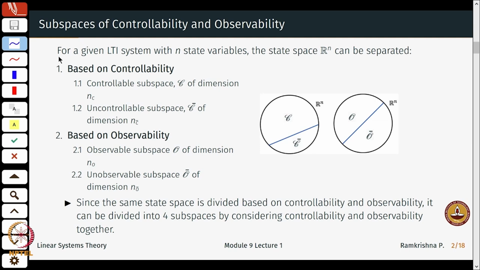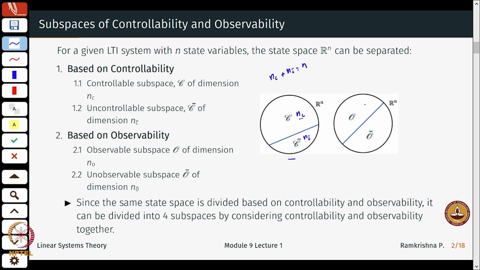If I just look at the standard controllability notion, I could decompose my system into the controllable part and the uncontrollable part. I'll call these nc and nc bar in such a way that nc plus nc bar is equal to n. So I am just looking at the dimension of the controllable and the uncontrollable part.